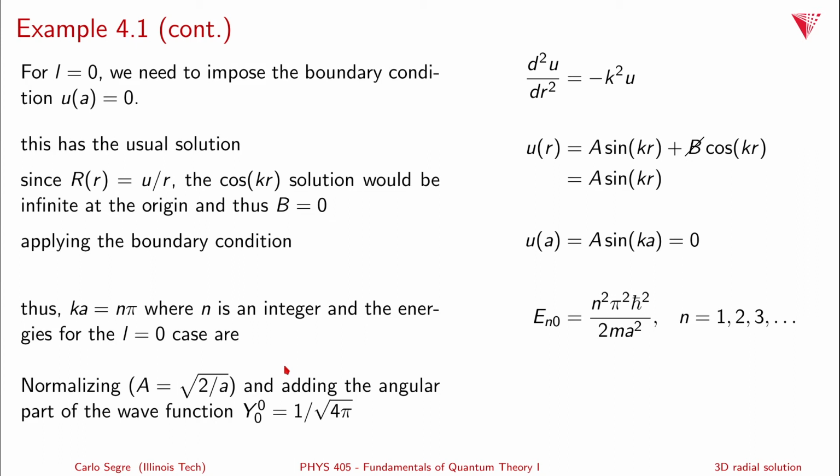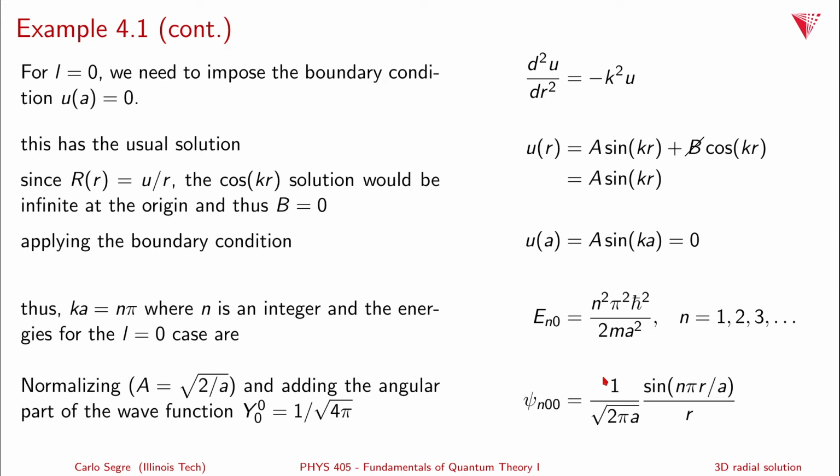We can normalize this. If we normalize it, we get the usual normalization, which is square root of 2 over a. And if we add the angular part of the wave function, remember this is just the radial part, we have to add back in the angular part, which is a spherical harmonic with l equals 0, and m is bounded by l, so m is equal to 0 as well. So Y00 is equal to 1 over the square root of 4 pi.